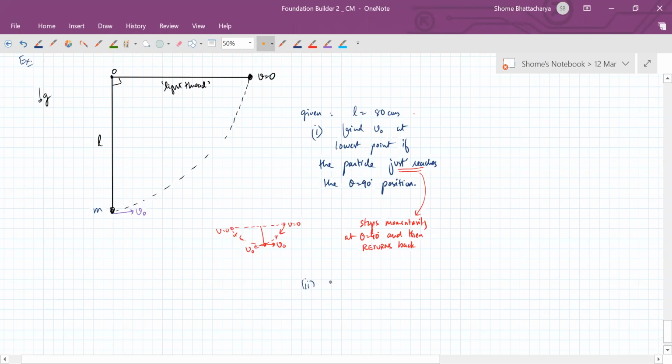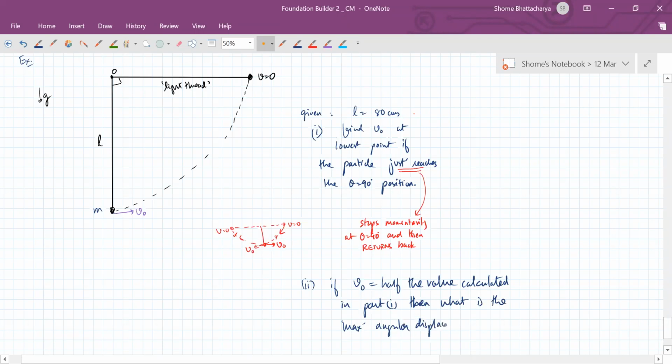Now the second part: if V0 is equal to half the value calculated in part 1, then what is the maximum angular displacement theta for the particle from the lowest point?